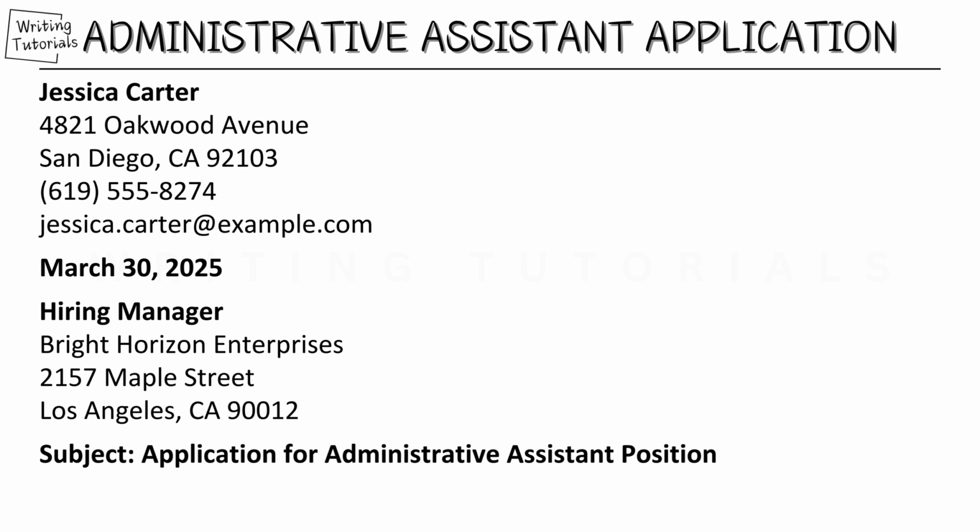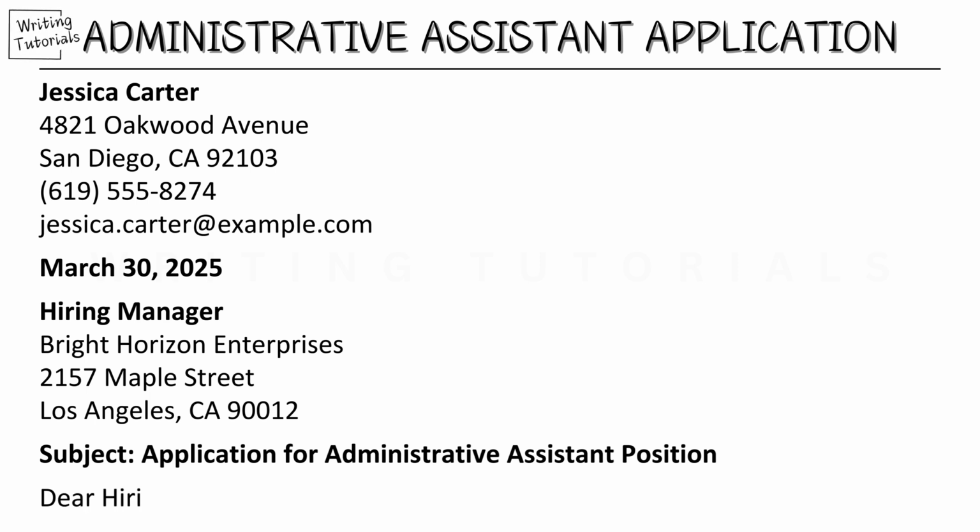When writing your own letter, always include the job title you are applying for, a reference number if the job listing includes one. For example, if the job post has a reference like Job ID 4582, you can write Subject, Application for Administrative Assistant Position, Job ID 4582. This helps the employer easily identify your application.